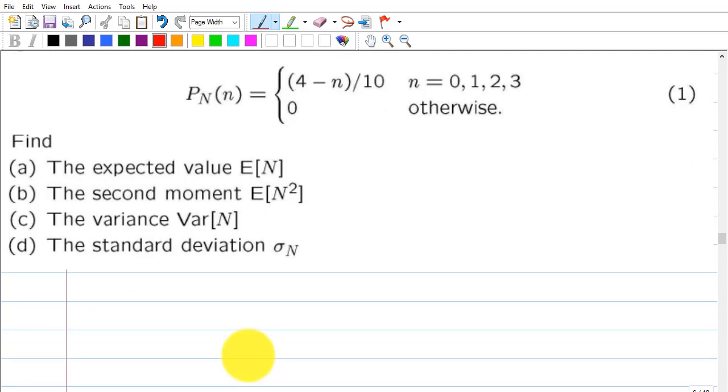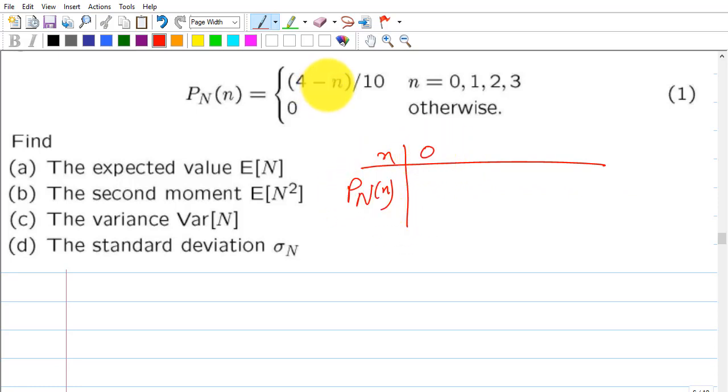We can find this straightforwardly, or we can create a table to make it more understandable. That is P_N(n). For 0, this is 4 by 10, which is 0.4, for n equal to 1, it is 3 by 10, which is 0.3, for 2, it is 4 minus 2 is 2 by 10, which is 0.2, and for 3, it is 0.1.